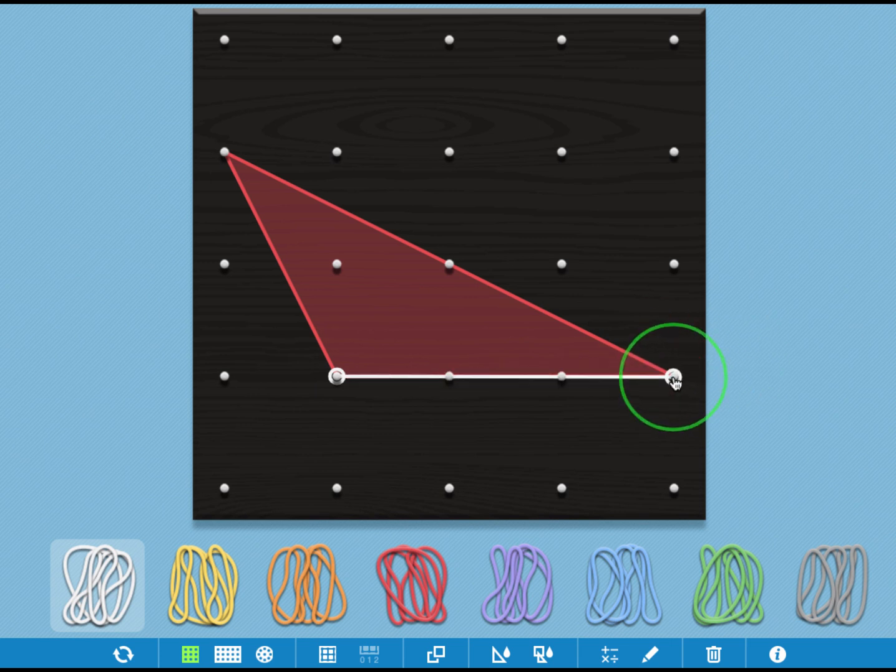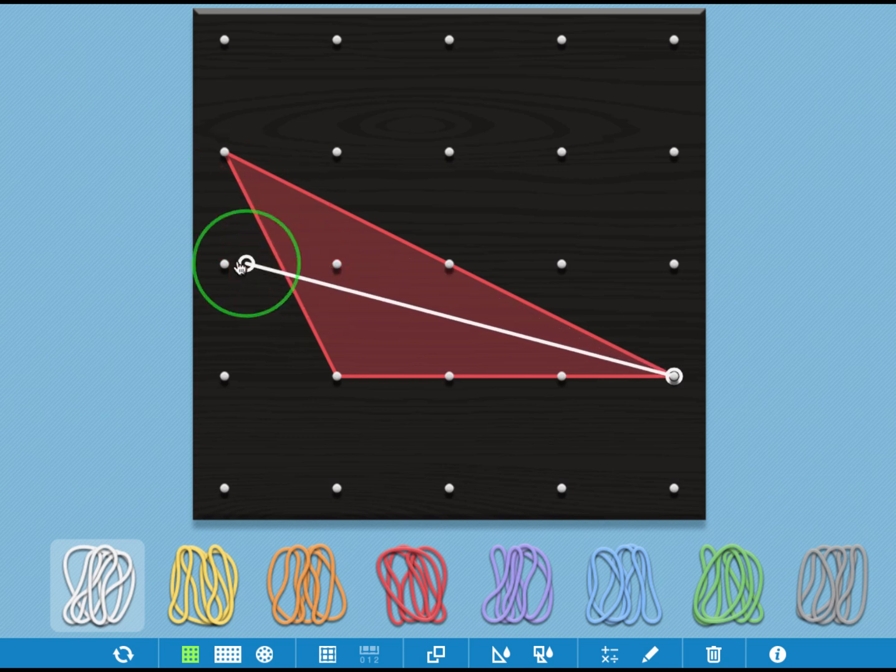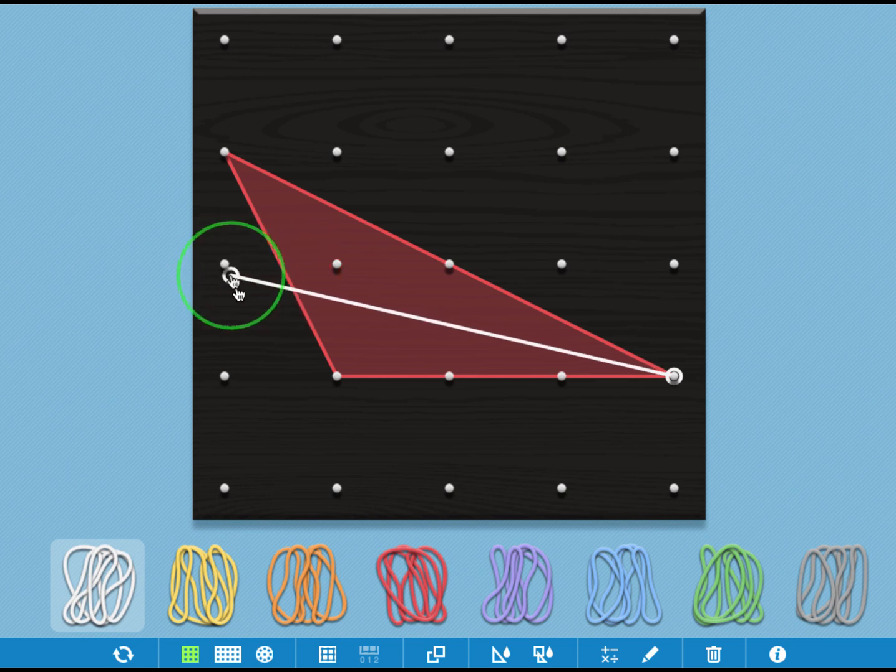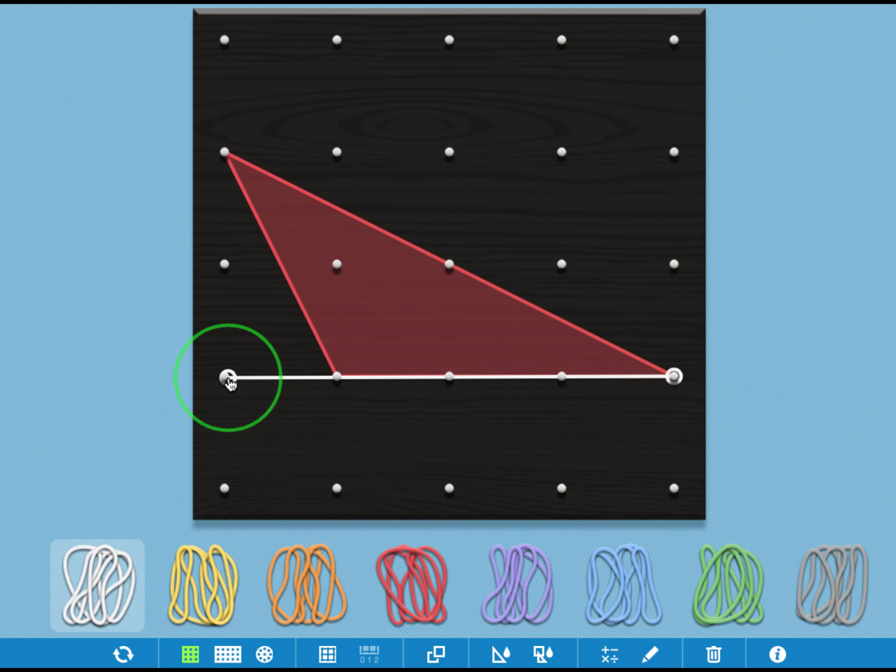And if I went from that one to the opposite side over here, it won't touch the opposite side of the peg, and it's definitely not a 90-degree angle, so I can't do it that way.